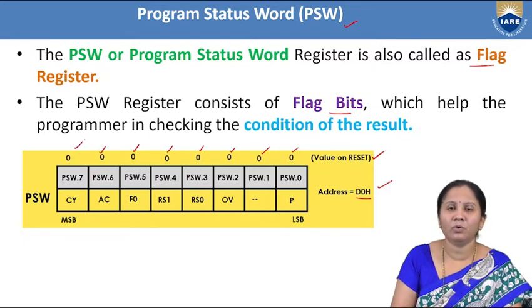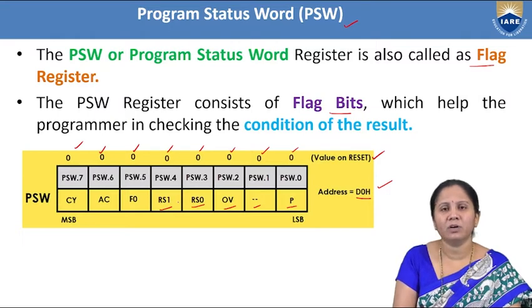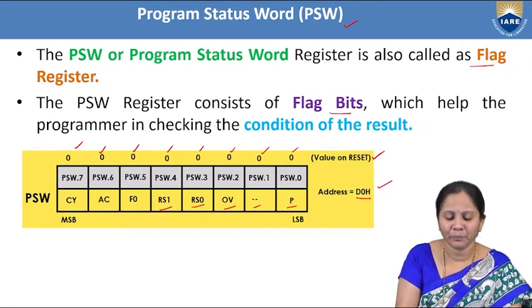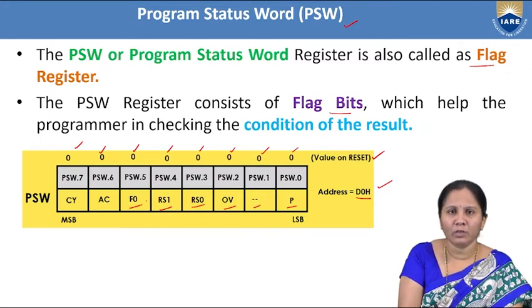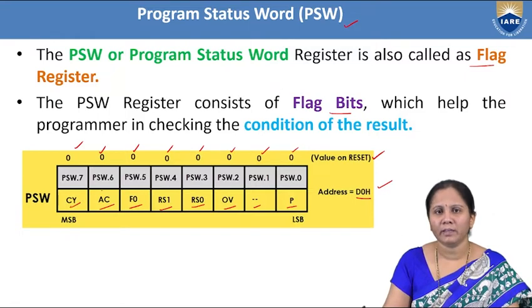Here one of the bits is P, which represents the parity bit, another bit is not defined, and this bit is OV, which represents overflow. These 2 bits, RS0 and RS1, are used to select the register banks, because we have 4 register banks. This is F0, which represents the flag bit, this is AC, the auxiliary carry flag, and this is CY, which represents the carry flag.